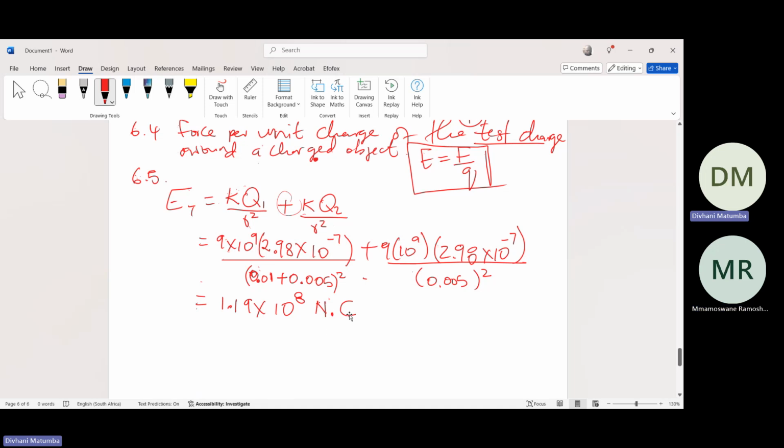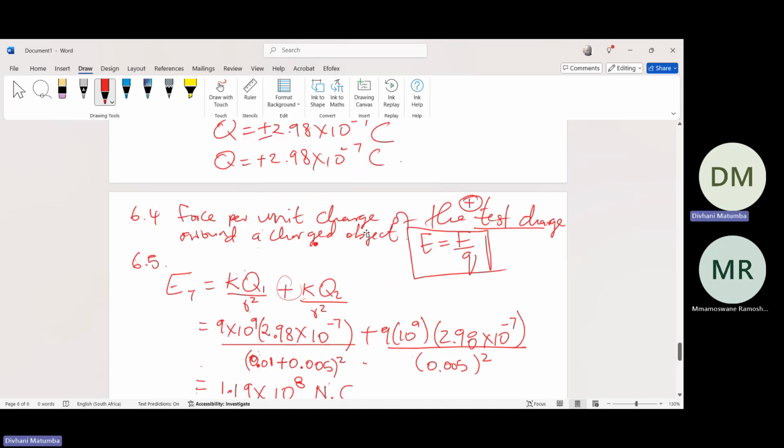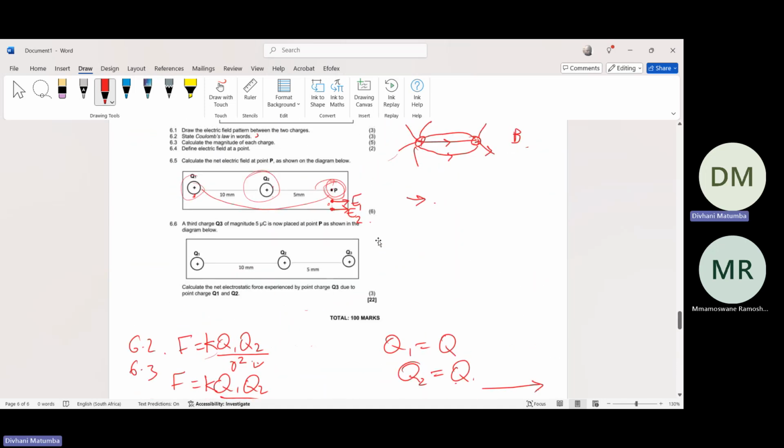Let's see what the next question says. A third charge Q3 of a magnitude 5 microcoulombs is now placed at P, as shown in the diagram.